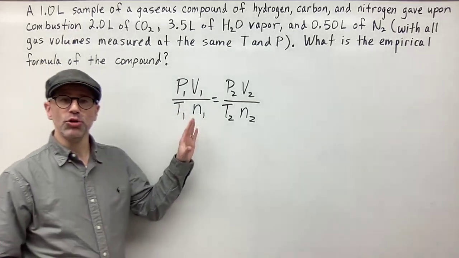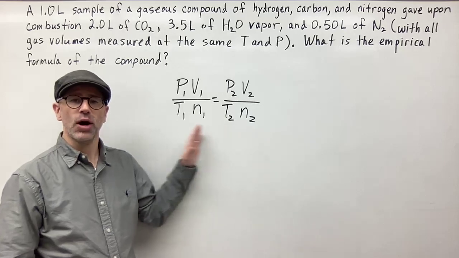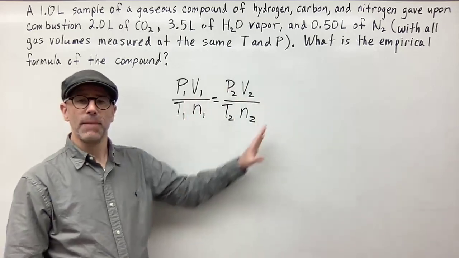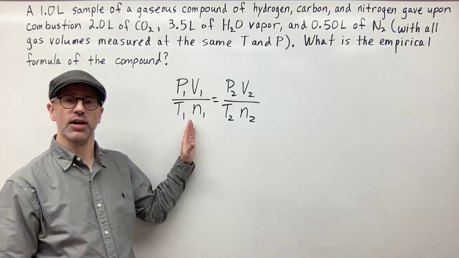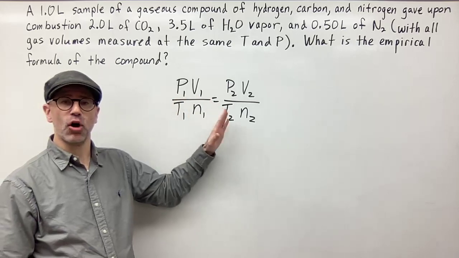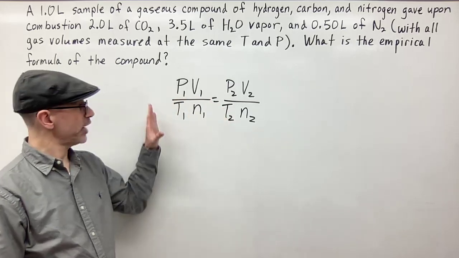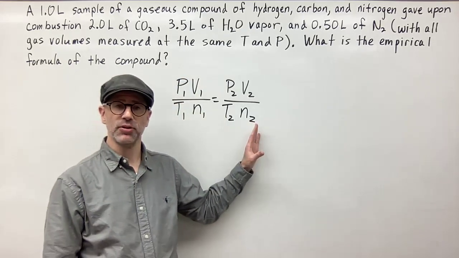You can use this equation to determine what your amounts are based on changes in the different kinds of properties: pressure, volume, temperature. If you change one set of properties, then that's going to lead to another set of properties.